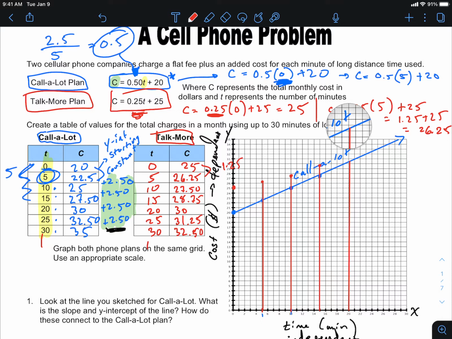30 is up here. I think I'm a little bit off my graph. And then 25 and 31, sorry, 31. I think my blue graph is a little bit off. We're going to fix that. Whoa, hold on.